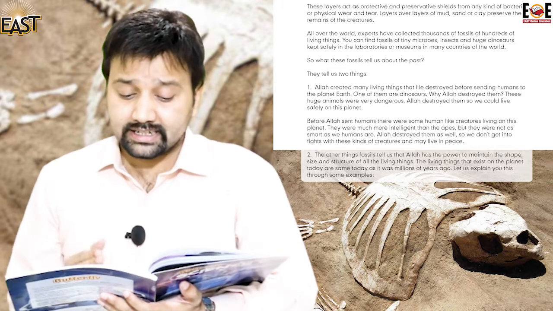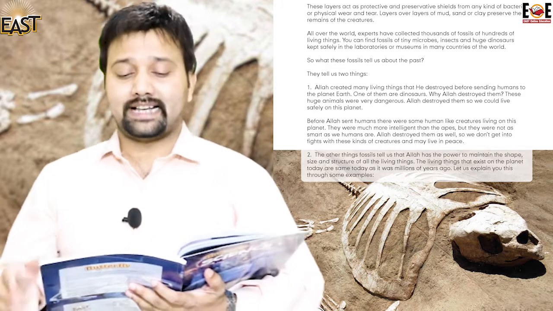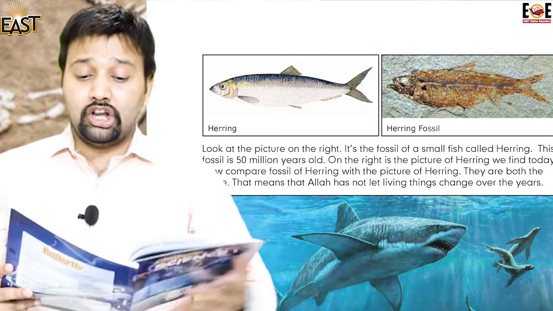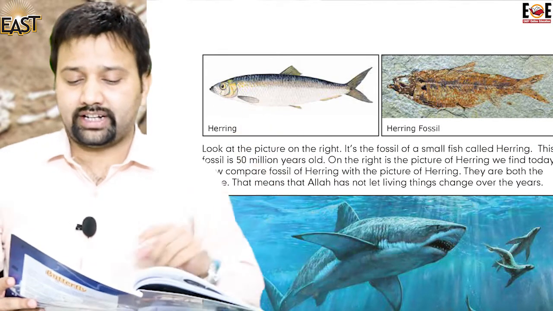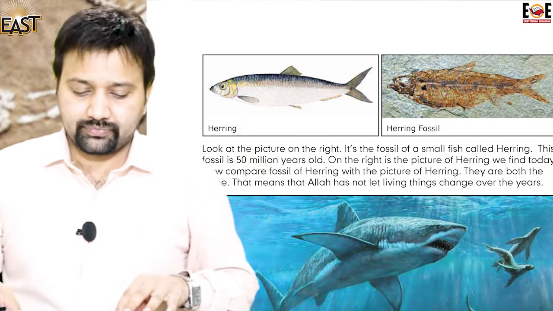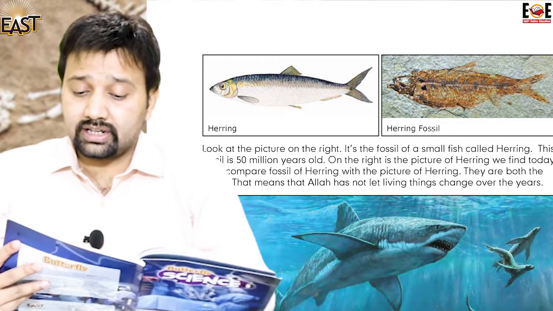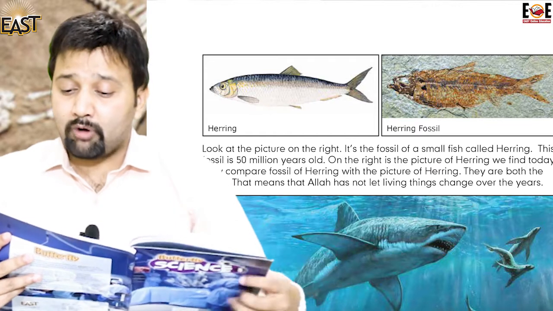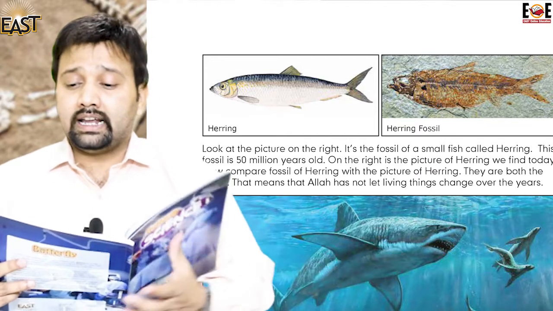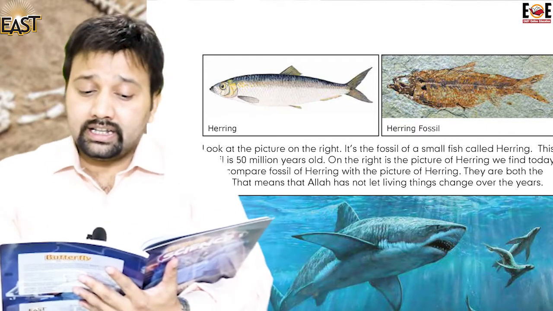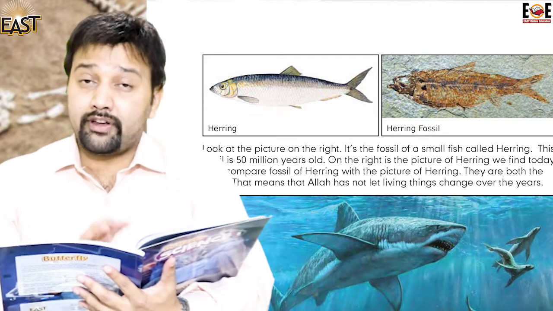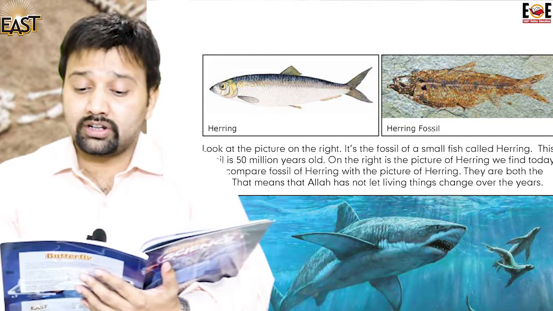Let us explain this to you through some examples. Look at the pictures, on the left. This is the fossil of a small fish called herring. This fossil is 50 million years old.